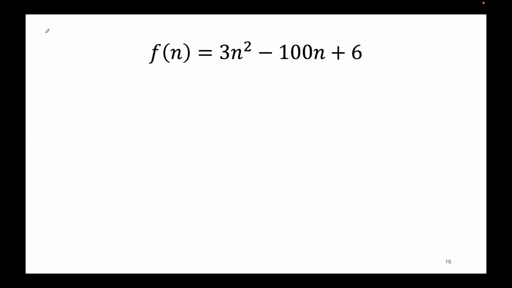Okay, so we've decided big O is n squared. So the question is now, what's the lower bound? So first let's try, is n a lower bound?